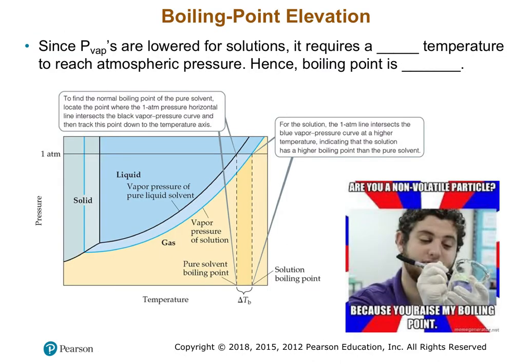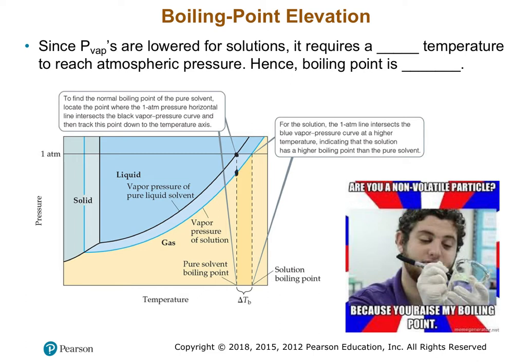Okay, since our vapor pressure is lower for my solution, so if here is my vapor pressure, remember to boil something, I have to get my vapor pressure up to atmospheric pressure. So if I'm at sea level, I'm here. Now if I make my solution, my vapor pressure is lowered.